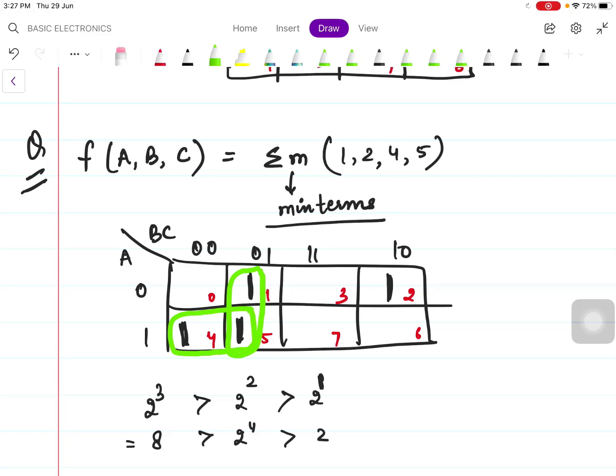But the one now which is left in block number 2 cannot be grouped with anything because it does not have a 1 here or any other possibility which I will tell you later. So therefore this one will be left unpaired. That means at the last we will make a group of 1 if its grouping is not possible. So this is also another group which is only of 1.